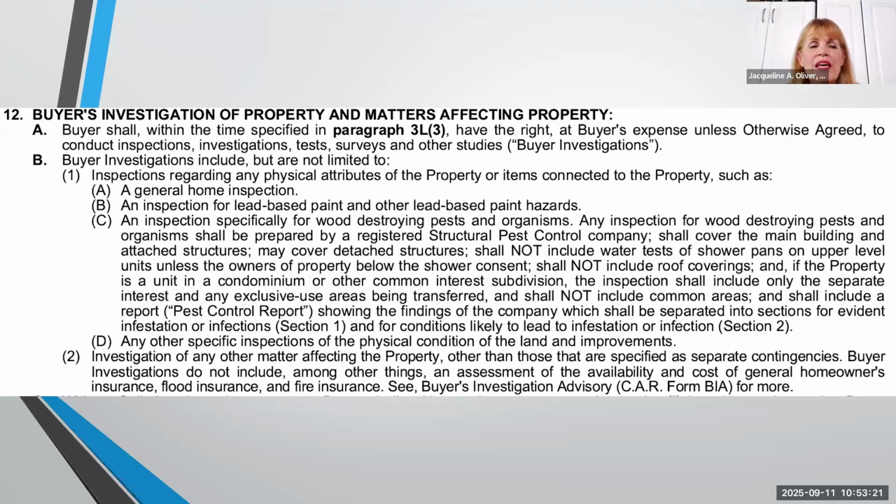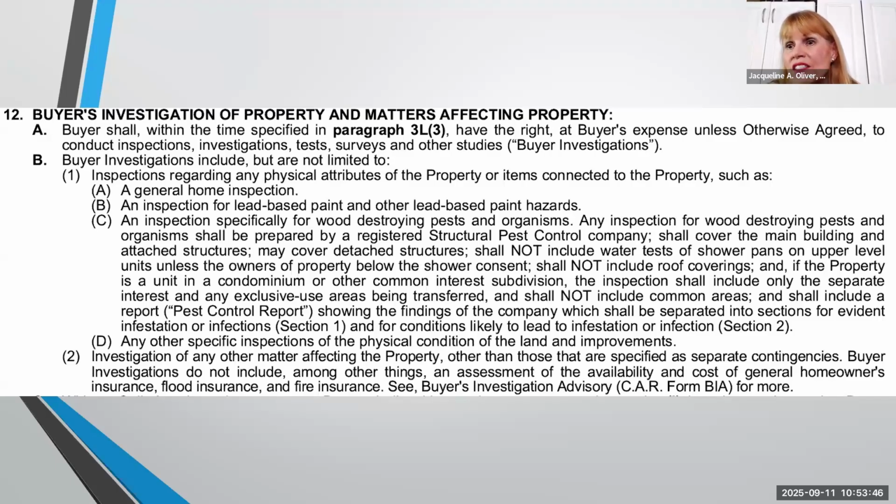And then also B, it's talking about what inspections are you going to do? So you've got 1A, the general home inspection, we'll take a look at. I don't want to run out of time. And then the pest control. It used to be at one time that the pest control termite was automatically in the contract. So it would say the seller will pay for termite.